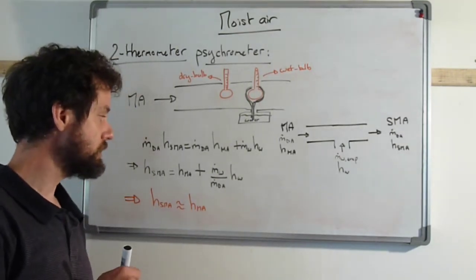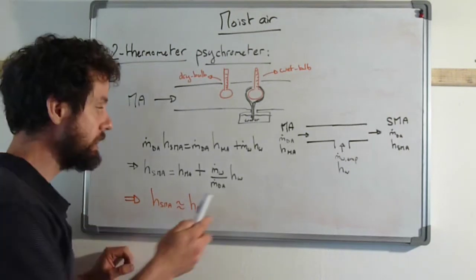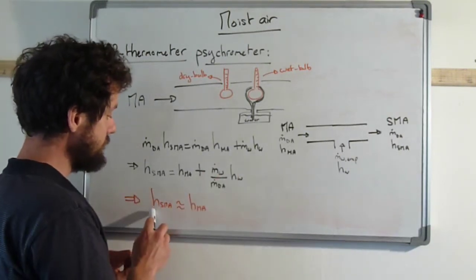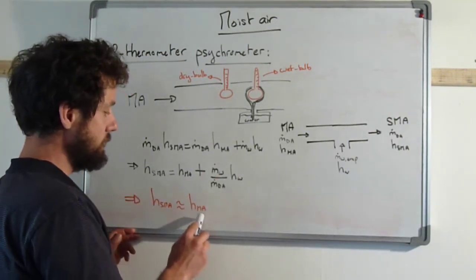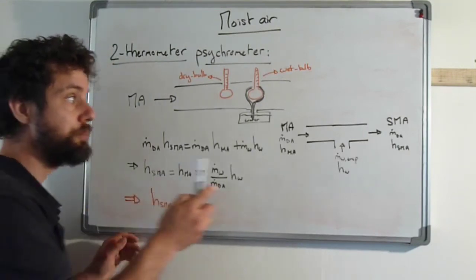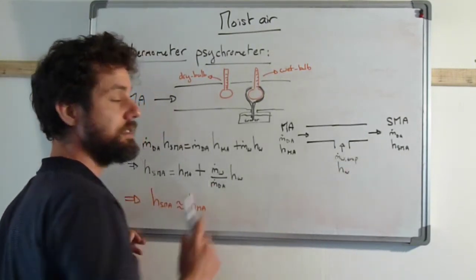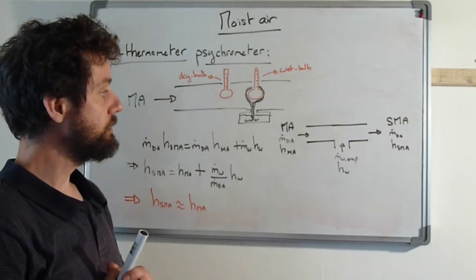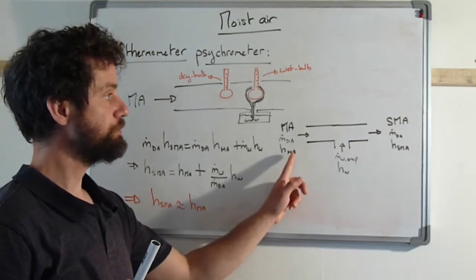So for this reason, we can reasonably neglect this second term and say that the specific enthalpy of the saturated moist air is equal to the specific enthalpy of the moist air.